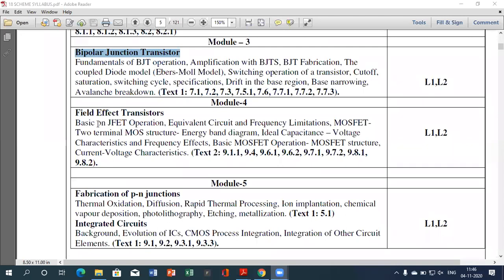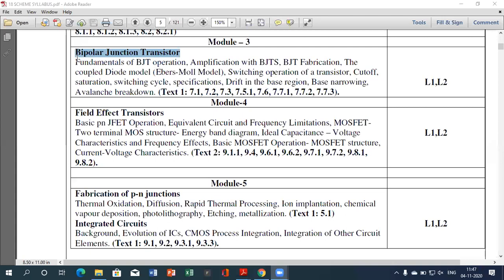We are discussing the advantages of field effect transistors with respect to bipolar junction transistors. Here I said, field effect transistors are the upgraded versions of BJT because FETs are smaller in size compared with BJT, require less voltage, and the power dissipation in FET is very low compared with BJT.